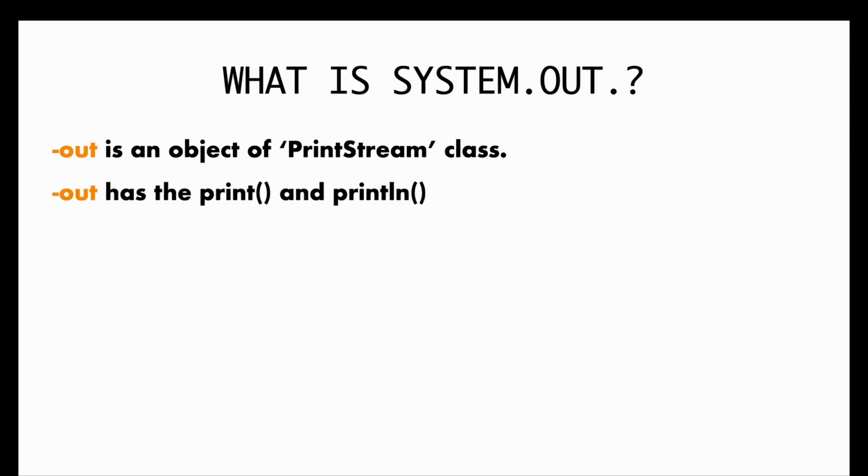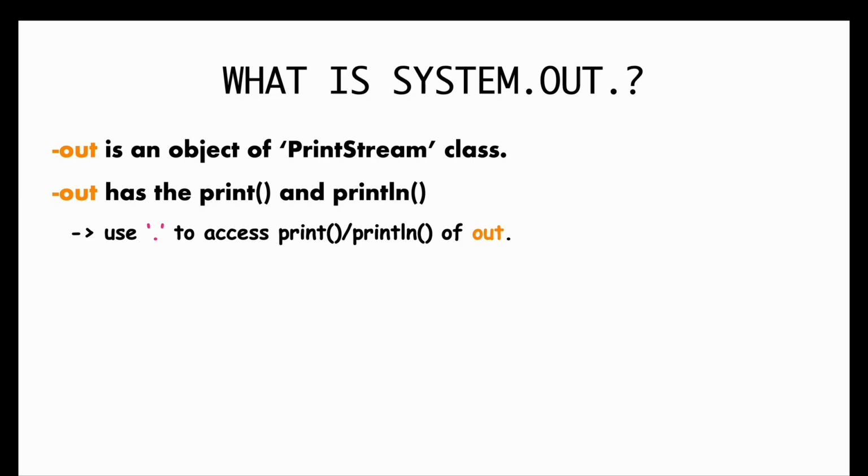and the out object has the print and println methods. In order to use the print and println methods, we use dot notation to access these methods from the out object. In our previous video, we discussed, right, that any class in Java consists of class attributes, members, methods, and constructors.